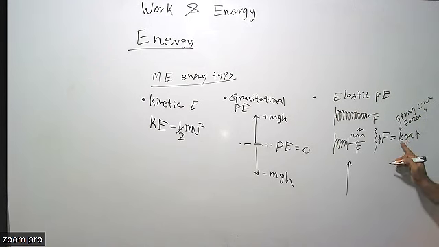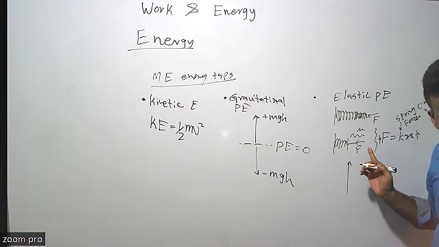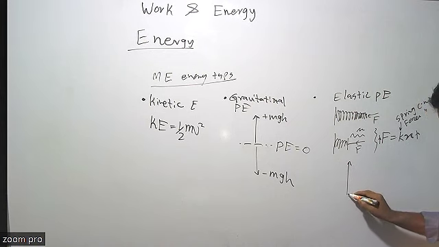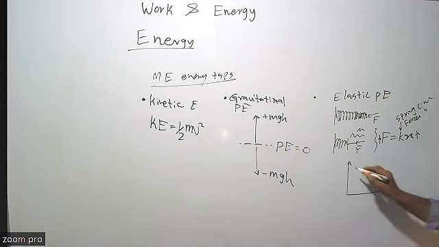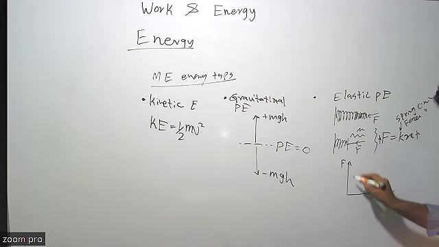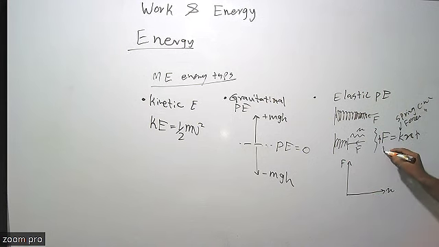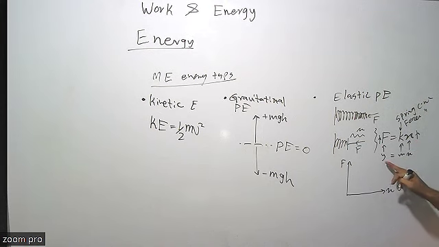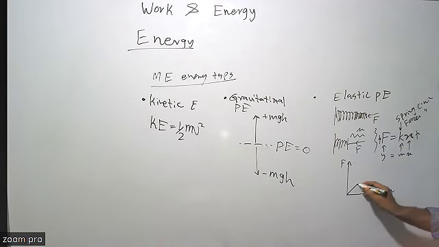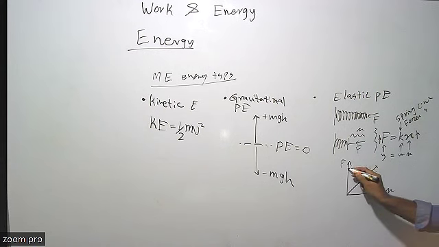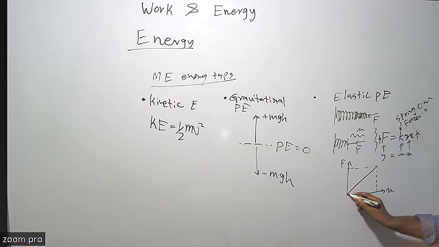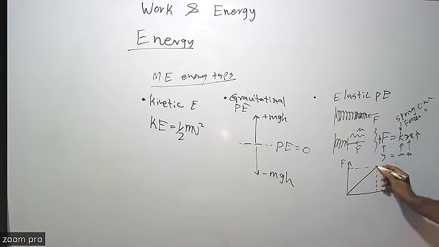So what happens when a force is a varying force? You have to go for a graph in order to find the energy. As you can see, F is y, x is x, k is m. So you have a y equals mx graph, which goes through the origin and is linear.